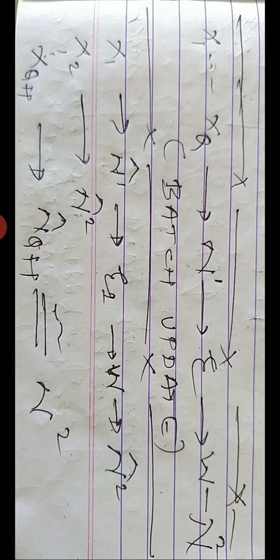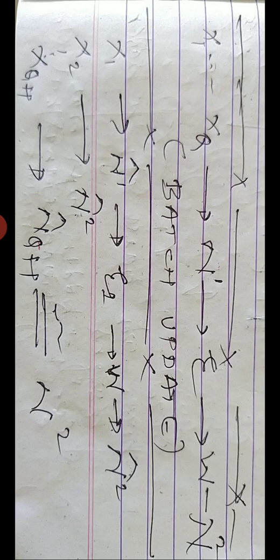In pattern update, if I consider x1, which is an individual input pattern, and give it to N1, and calculate e1, from that I calculate the weight change w, then we come to N square.